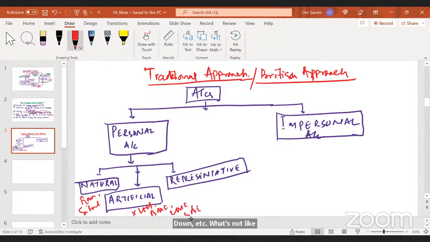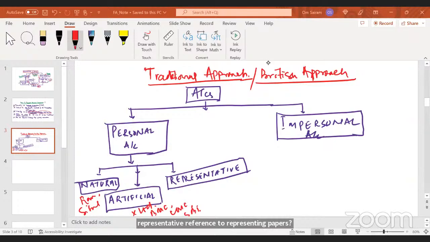Representative means these are personal accounts which represent either a natural person or an artificial person. Is it clear?